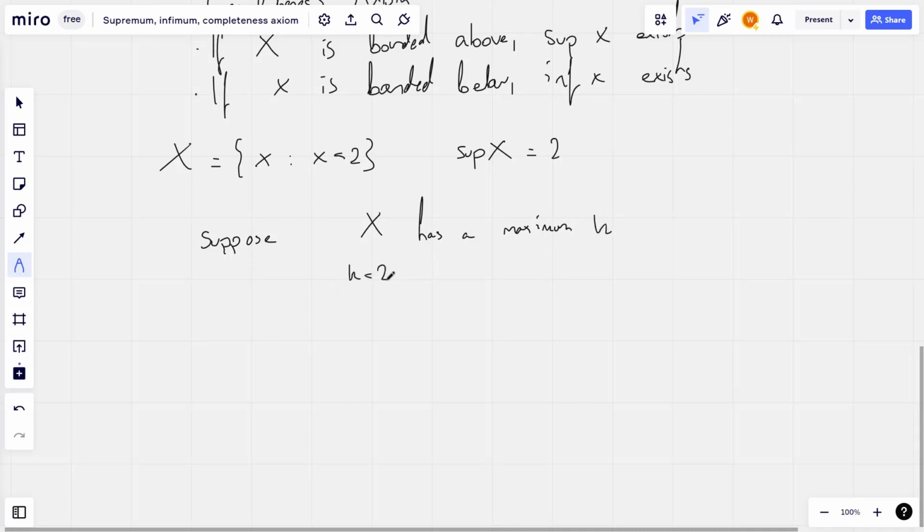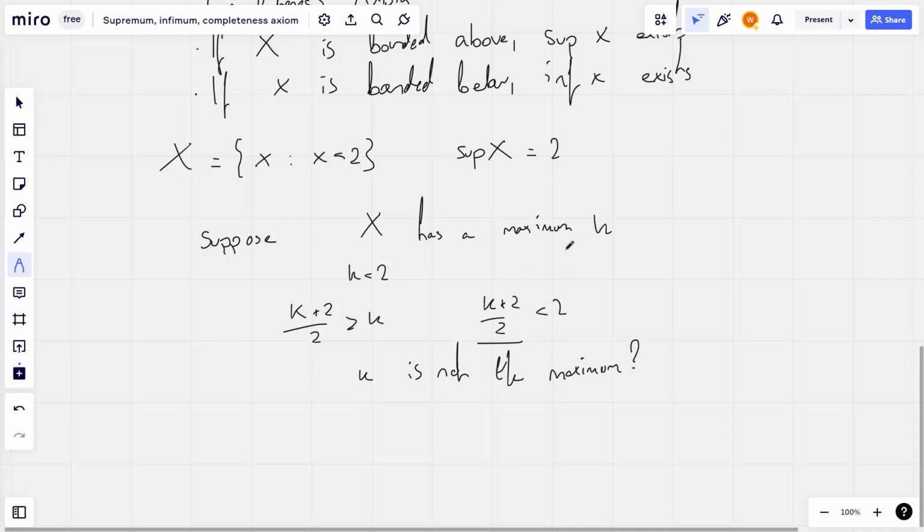Now k is less than 2, so we have that (k plus 2) over 2 is greater than k. It's just like the midpoint between k and 2. And since 2 is greater than k, (k plus 2) over 2 is also greater than k. But (k plus 2) over 2 is less than 2. So this means that this is a new maximum. So therefore k is not the maximum.